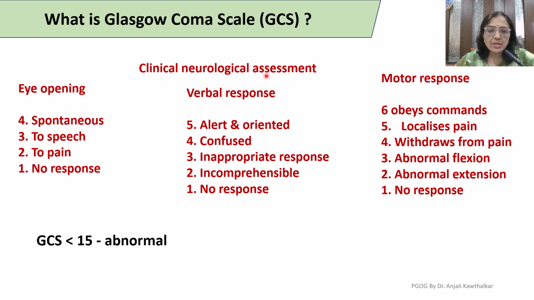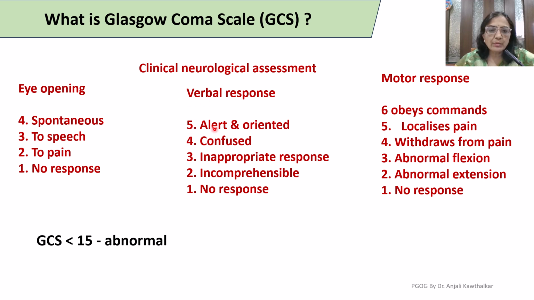And for any severe hypoxia, the quickest way to diagnose it clinically is to talk with the patient, and you will understand that something is definitely wrong, and there is severe affection of the brain whenever there is a decrease in the verbal response.